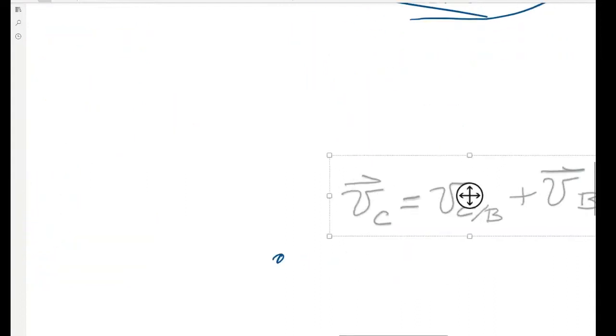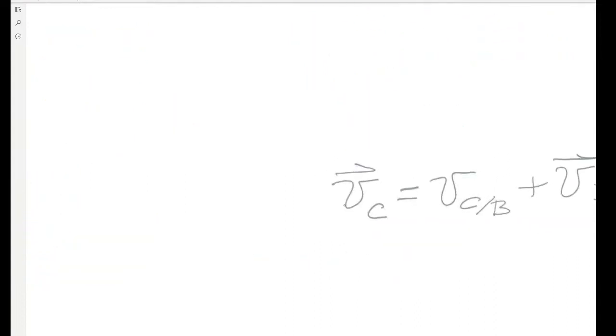That's not the equation I want, but what equation do I want? I want the accelerations now.